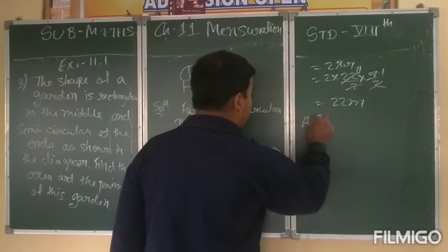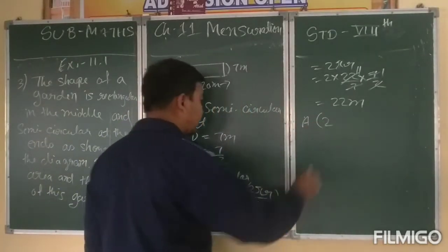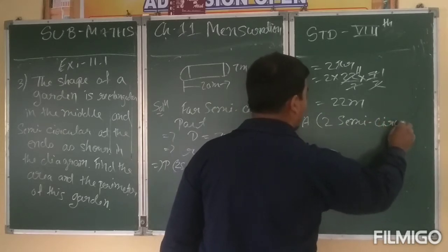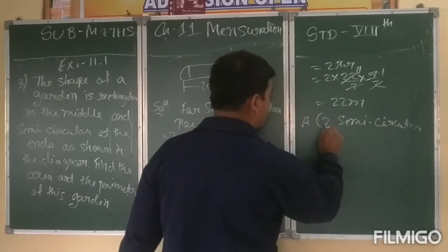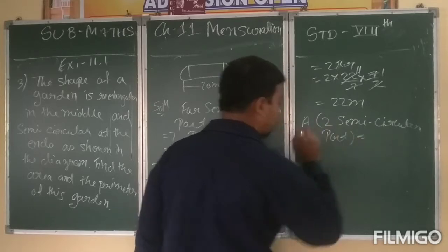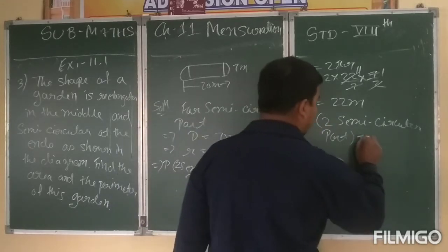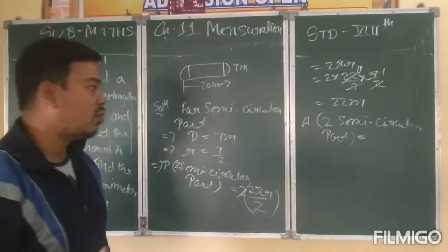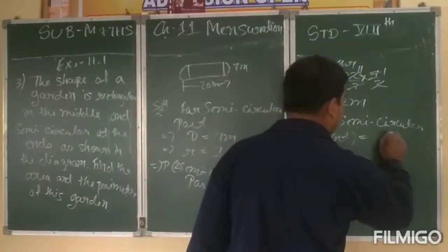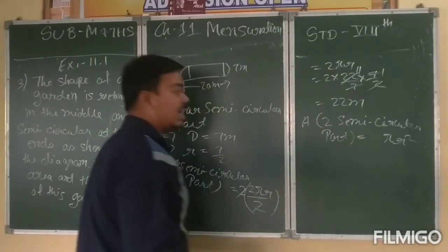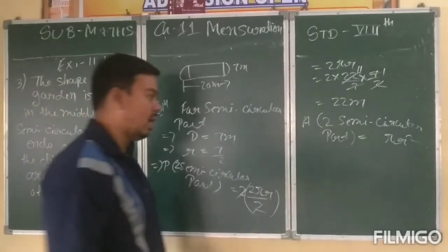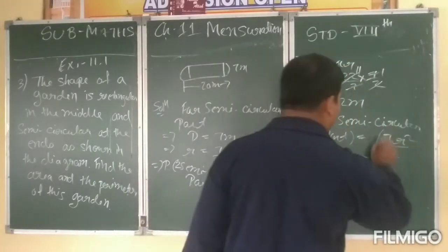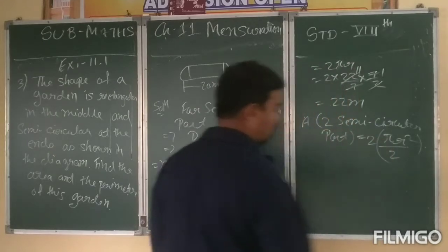Then the area of the 2 semicircular parts. The formula: the area of a circular part is pi r square. But here we find a semicircular part, so we divide it by 2 and multiply by 2.